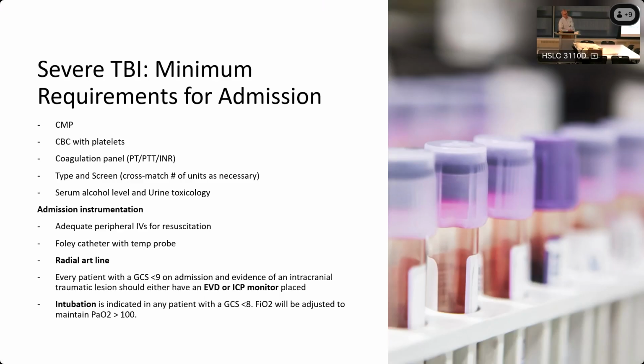He needs adequate peripheral IVs for resuscitation. He needs a Foley catheter with temp probe. A radial art line was mentioned. We mentioned an EVD or ICP monitor, and then we mentioned that intubation is essential in these patients. And our goal FiO2 at this point is greater than 100.